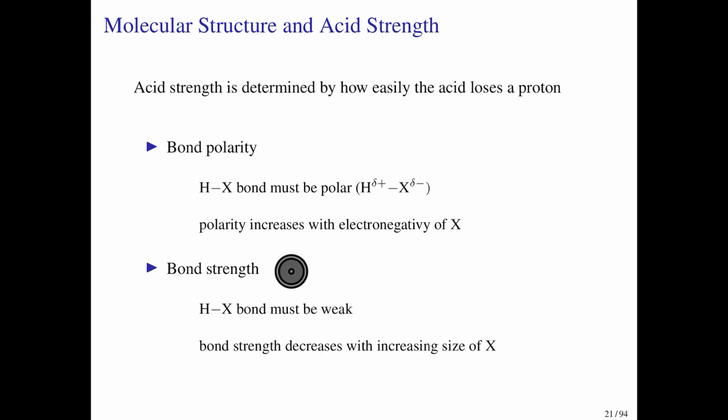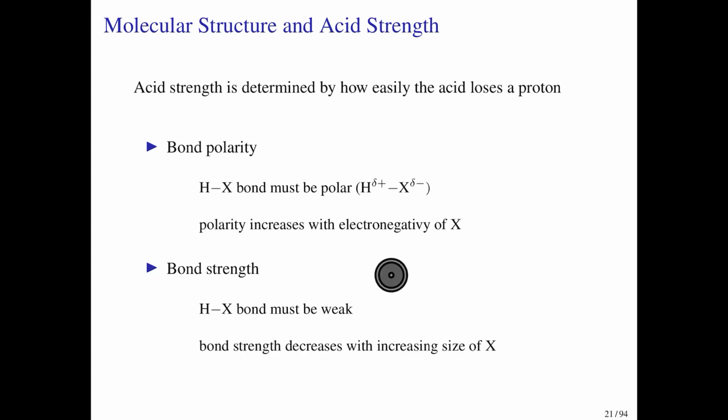The second criterion is the bond strength. In order for a proton to be given away or donated easily, the bond between that proton and the atom to which it's attached must be weak.